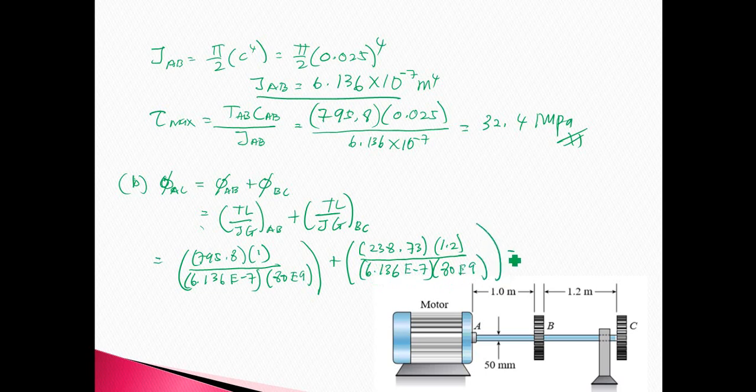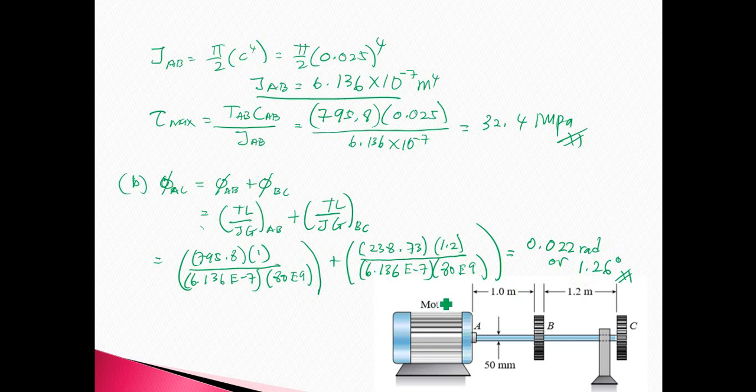Okay, so using the calculator we get the angle of twist for shaft AC equal to 0.022 radians, or in degrees is 1.26 degrees. Alright, so we are done with question 3.